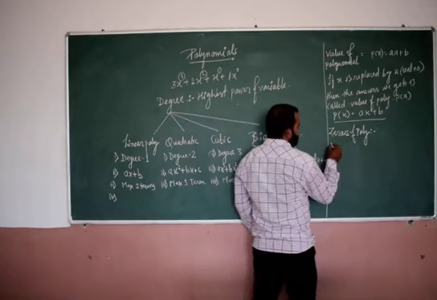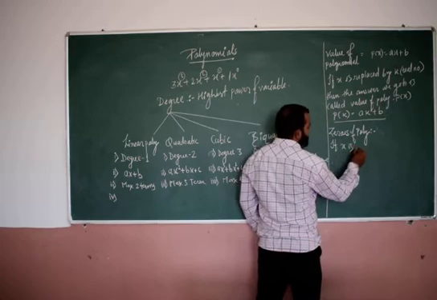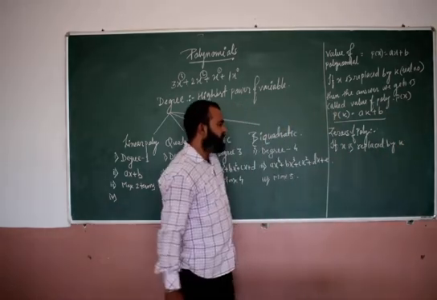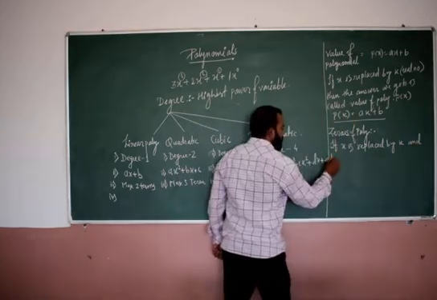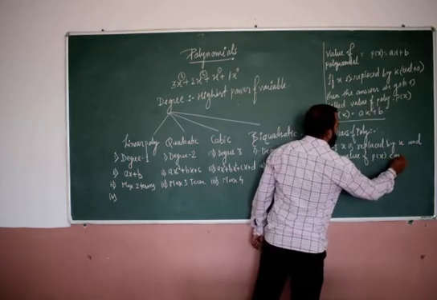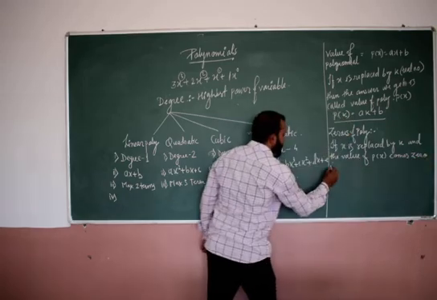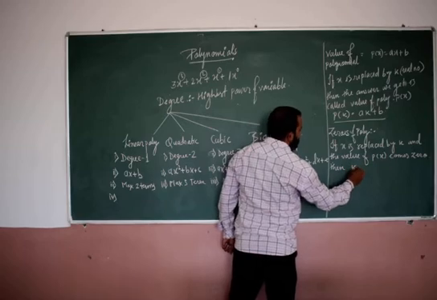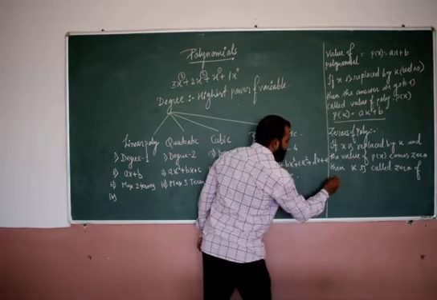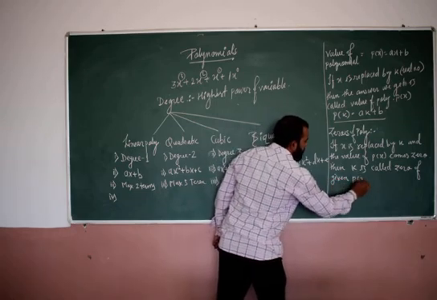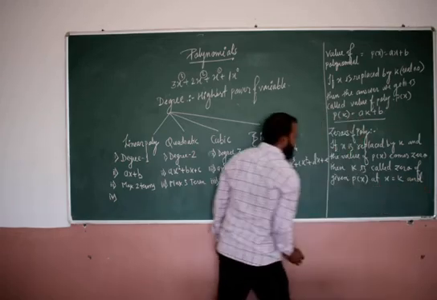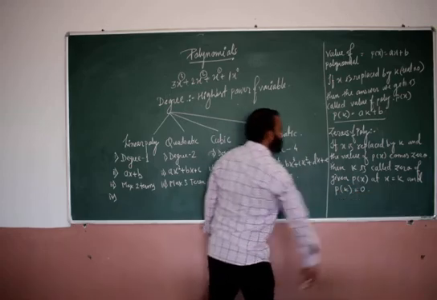What I have told is that if the value of p of x comes 0, then k is called a zero of the given polynomial at x equals k, and is represented as p of k equals 0.